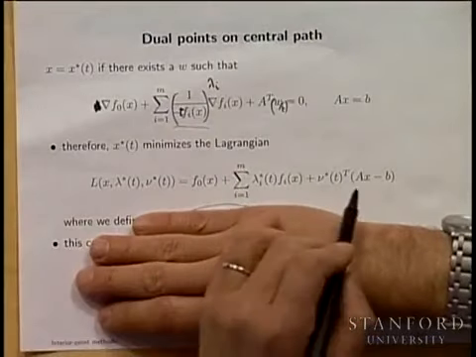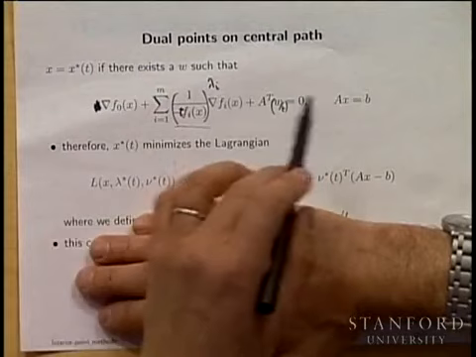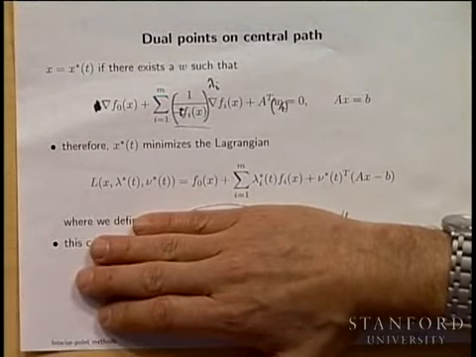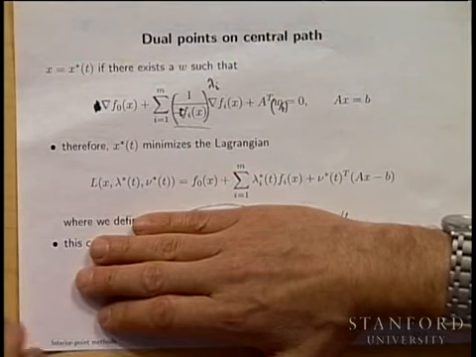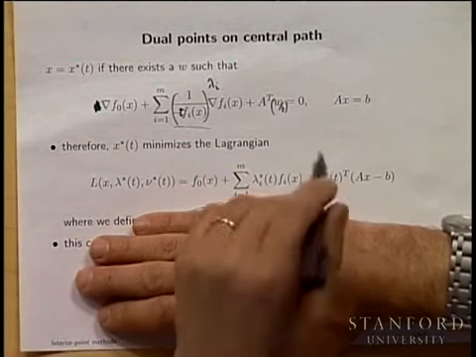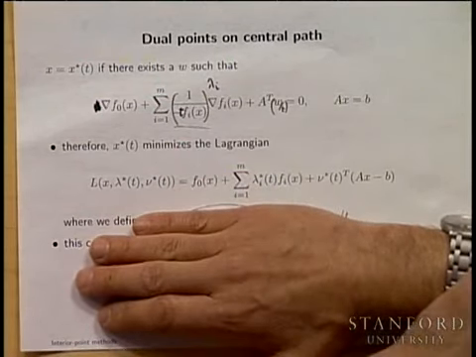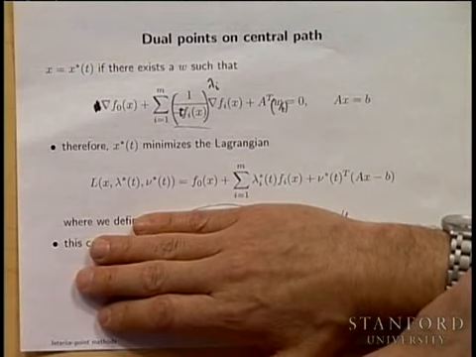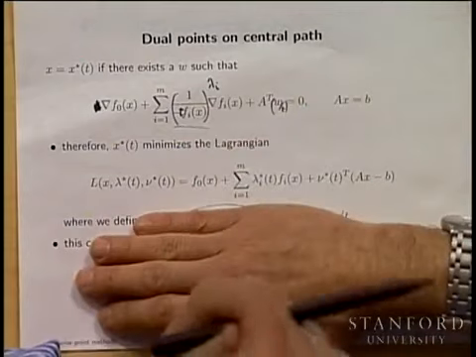I know that because this is the optimality condition for minimizing the Lagrangian for this choice of lambdas. So I do know that it minimizes. If I plug in my x star, it does give the infimum over x of the Lagrangian. I don't know if that made sense. Where did m come from? m is the number of constraints. Right.